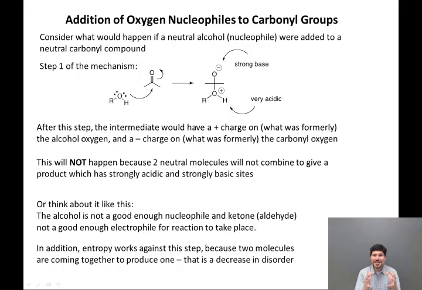That happens in many steps of mechanisms that are okay. I'm just saying that the delta S term also contributes to an incredibly large delta G term for this step, because taking 2 molecules and bringing them together to make 1 is a decrease in disorder.